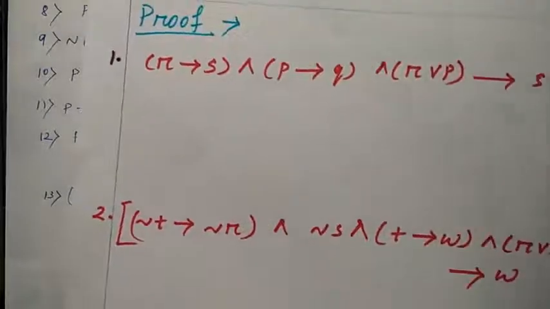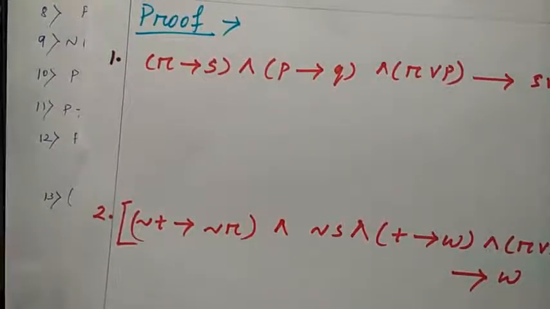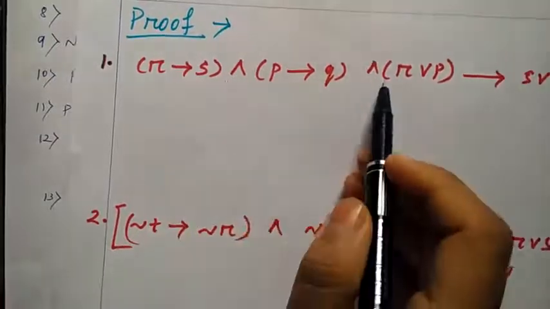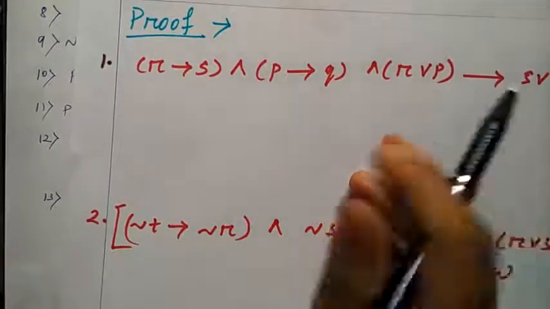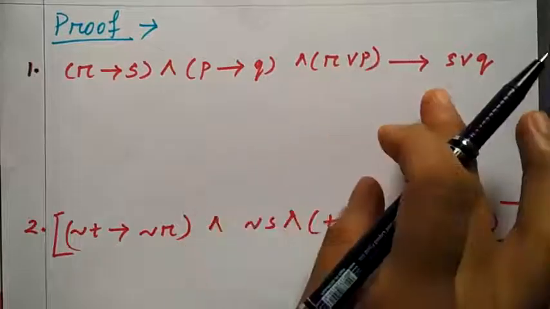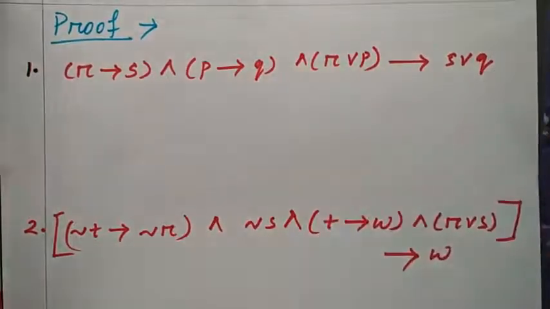Here you can see the first one, that is R tends to S and P tends to Q and R or P. So this whole together should give you the result as S or Q.